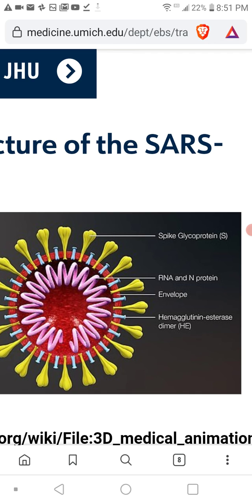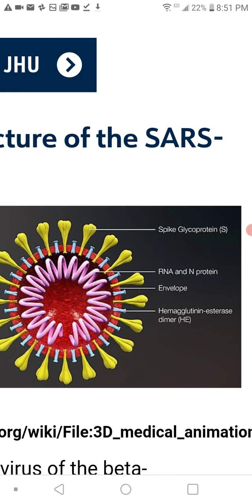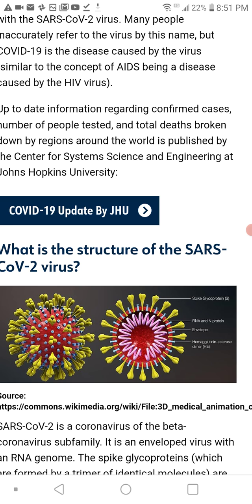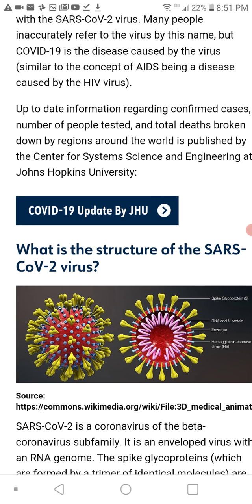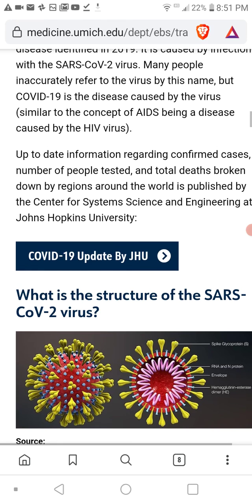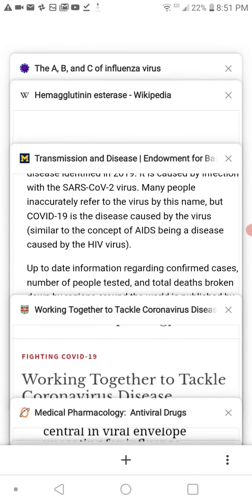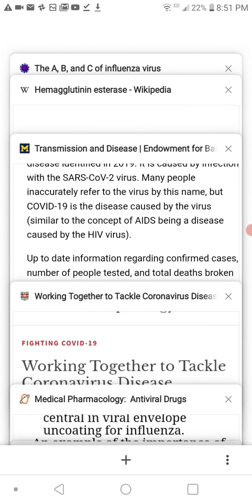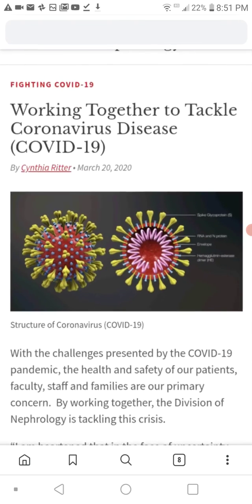HE is the umbrella term for HEF. And Wikipedia just denied the linkage between Influenza C and coronavirus. And if it's related to influenza, then false positives for influenza tests happen all the time.